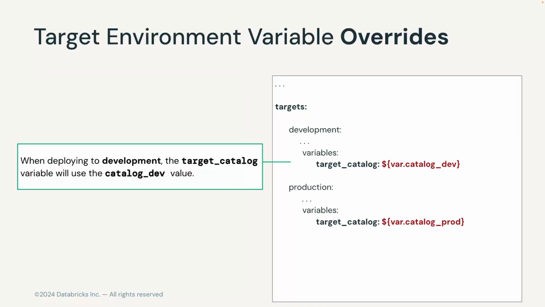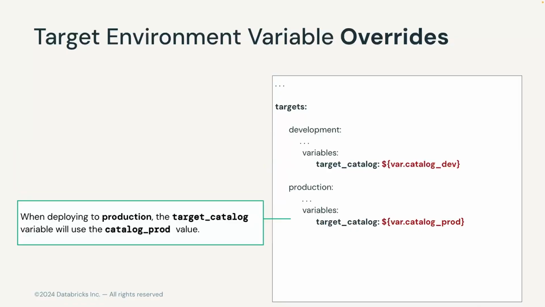For example, let's say we have a custom variable named target_catalog that is used to populate a job parameter to read and write data from a specific catalog. You can modify its value for each environment. In this case, when deploying to the development environment, the target_catalog variable will use the catalog_dev value.